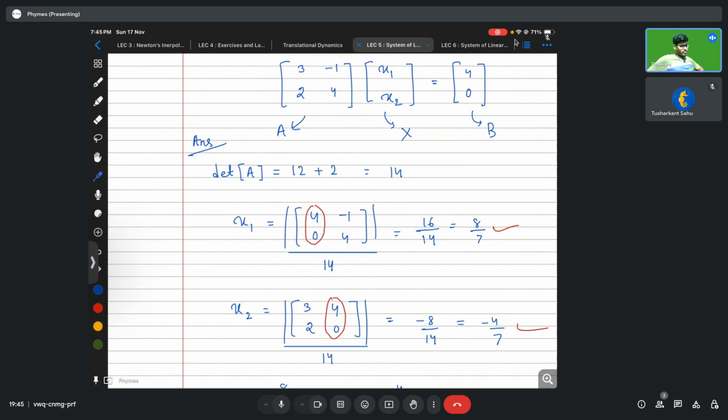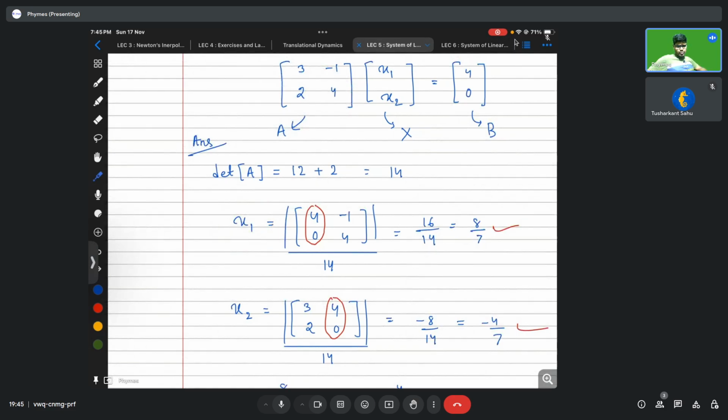What is the determinant of this matrix? It can be found as 3 into 4 minus 2 into minus 1, so that will be 12 plus 2, that is 14. Then how to find x1?